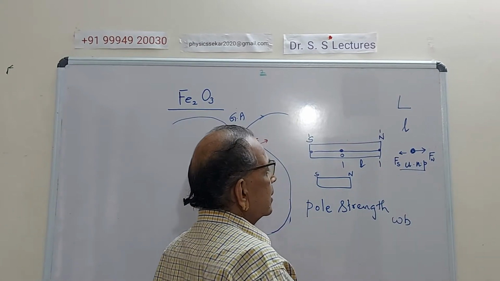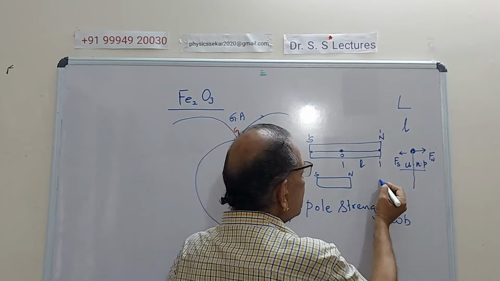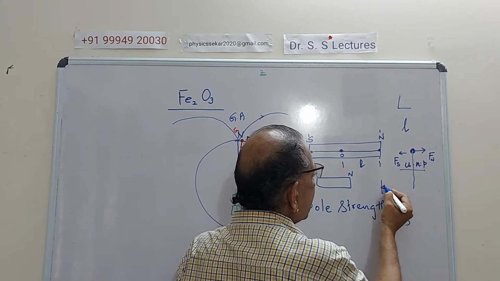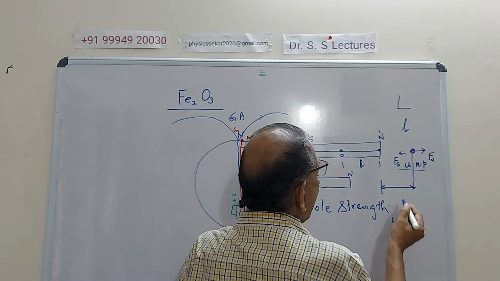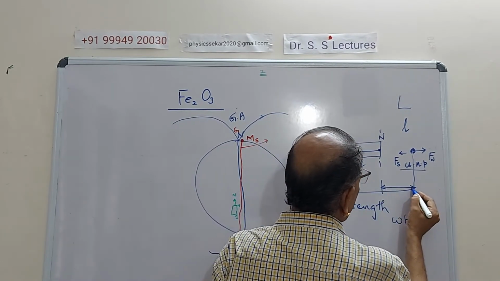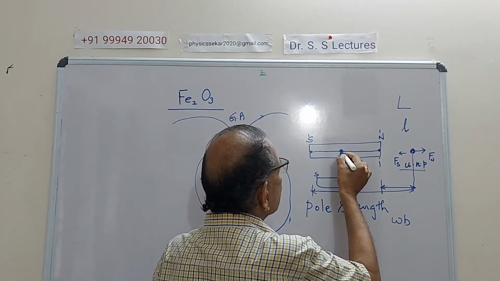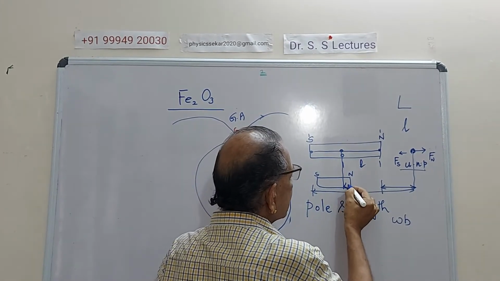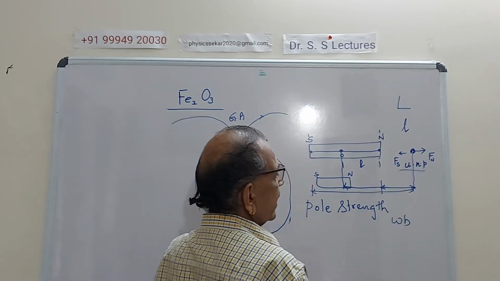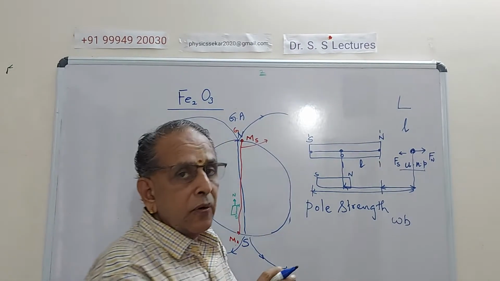We say that. That means this distance, if you calculate from the north pole, it will be like this. And when you take this particular case, this is the total distance that you have to consider. And the distance to be considered from here means from the center of the magnet, then the semi-length of the magnet should be known.